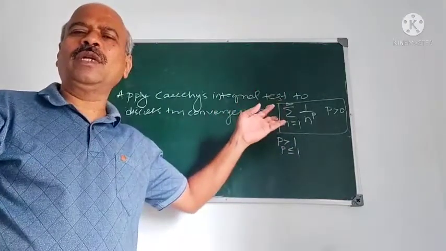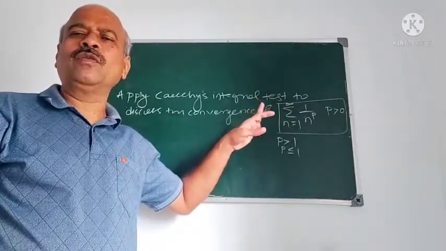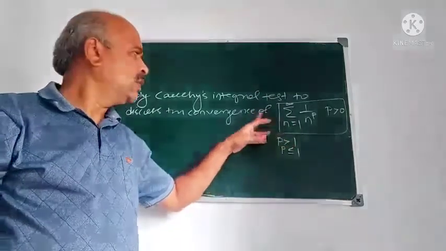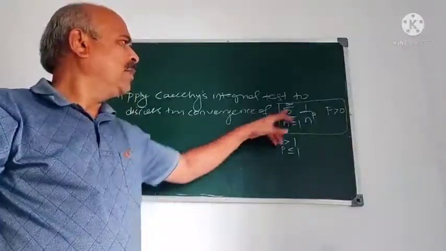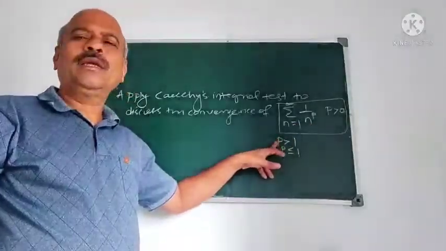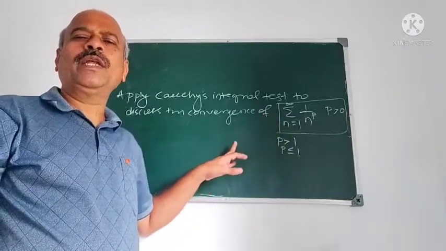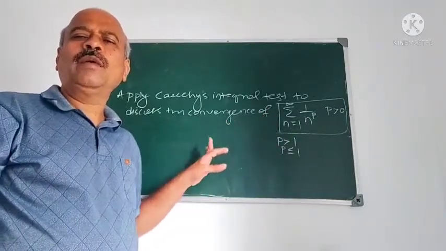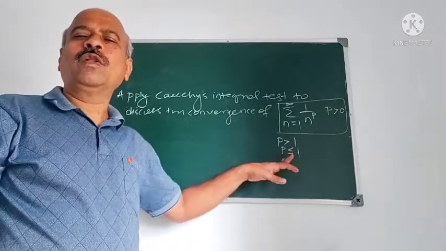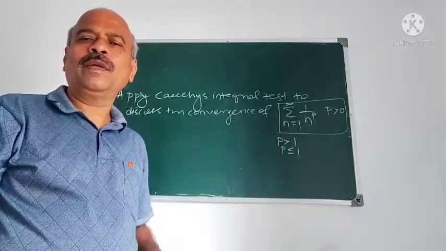The same question can be converted to an objective multiple choice question. How can we convert it? We can convert like this: by Cauchy's integral test, sigma 1 upon n raised to p converges if p is greater than 1. The 4 choices will be p greater than 1, p is equal to 1, p less than 1, and the fourth one, none of these.